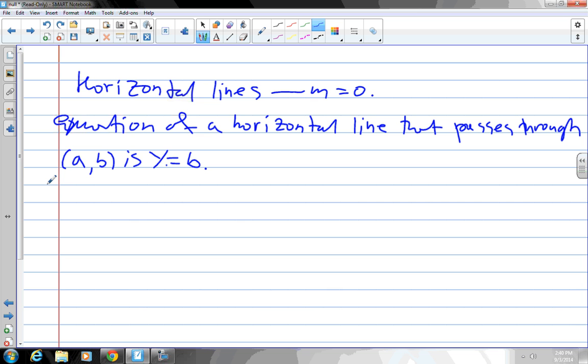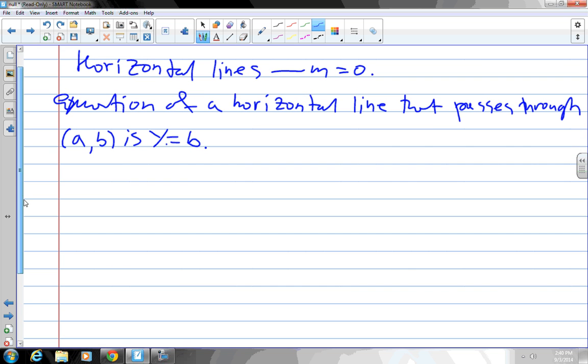So y is a constant. Y is always constant. It's flat. Or even if you think about the equation mx plus b and m equals 0, you're just left with y equals b. Just always that intercept. So that looks nice and pretty.